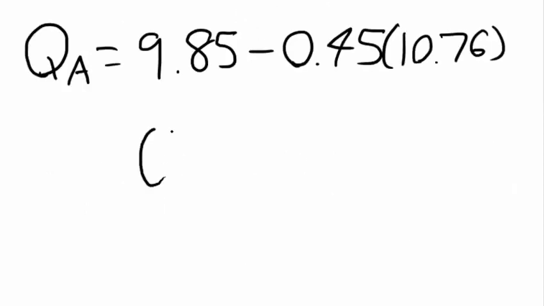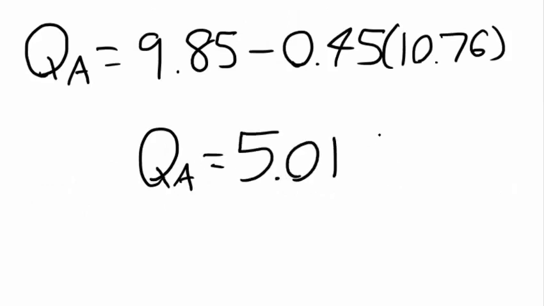And we find QA to equal 5.01. So firm A will produce 5.01 units of whatever good the two firms are producing. And we can see firm B produces more than double of what firm A produces because firm B made the first move.